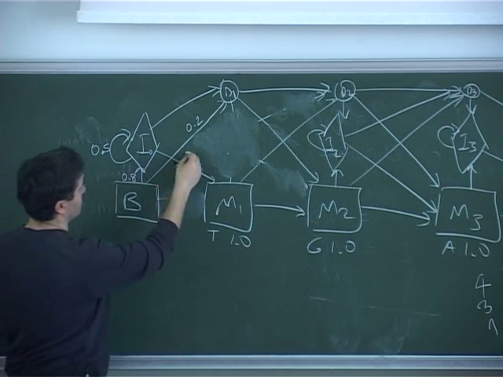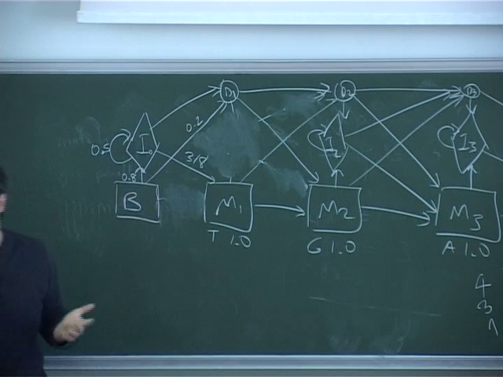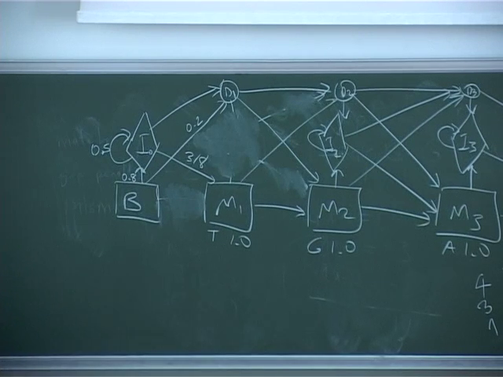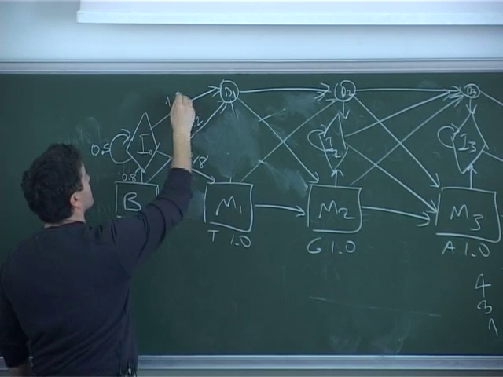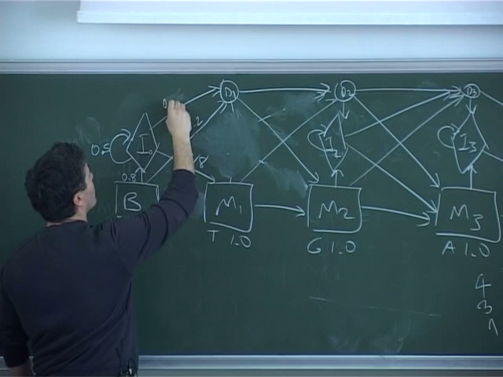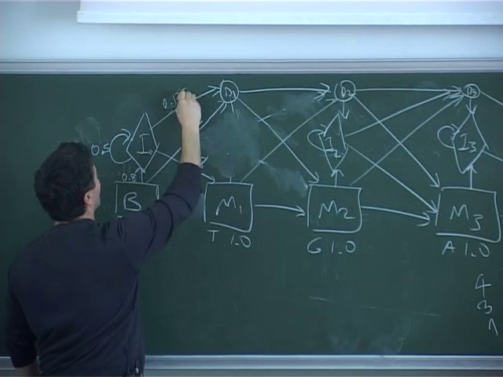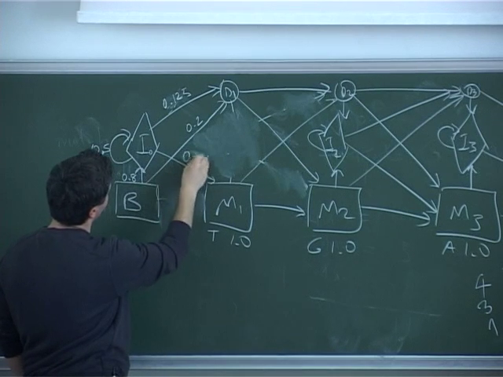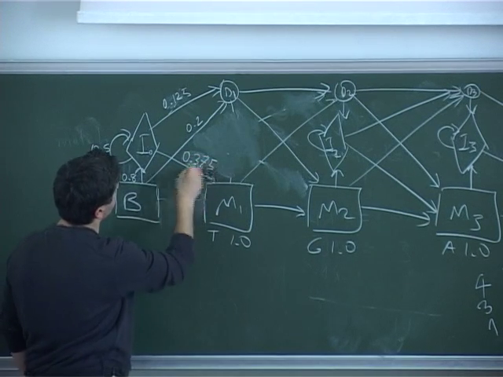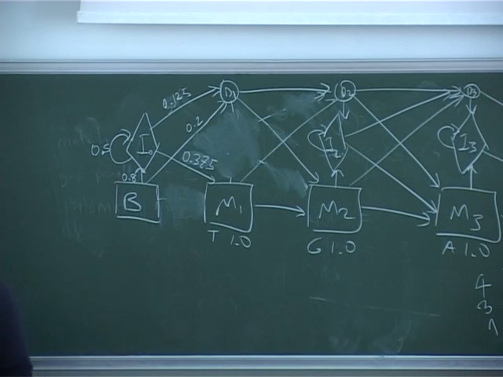You can just write 3 divided by 8 here. You don't need to write the decimal form, okay? And here, I0 to D1 is 1 over 8. So it's 0.125. So this makes it 0.375. Okay, so I found my transition values for I0.